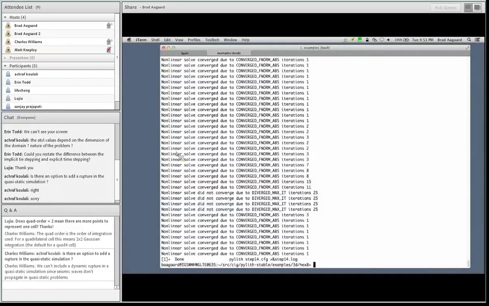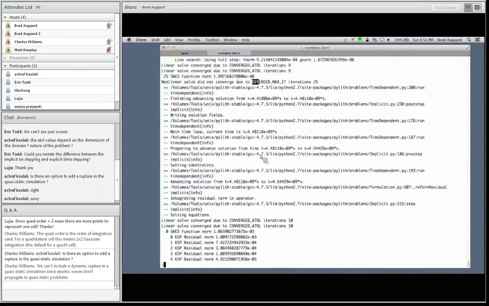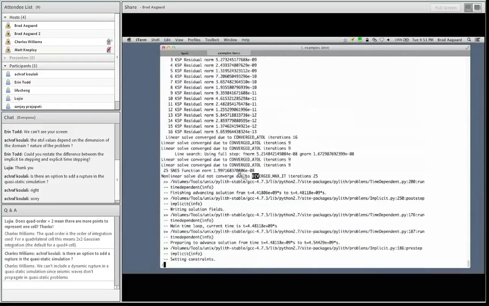So let's look and see where. Now that we see a divergence, let's go in and look in more detail in the log file. Let's search for the divergence. So here we see we diverged to the max iteration.